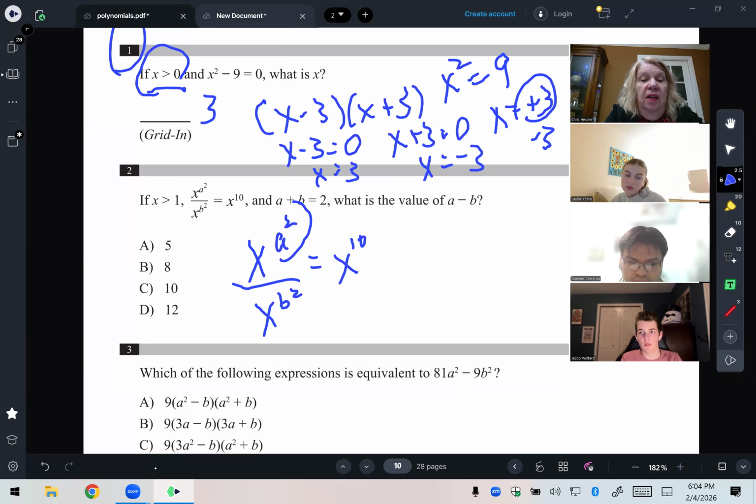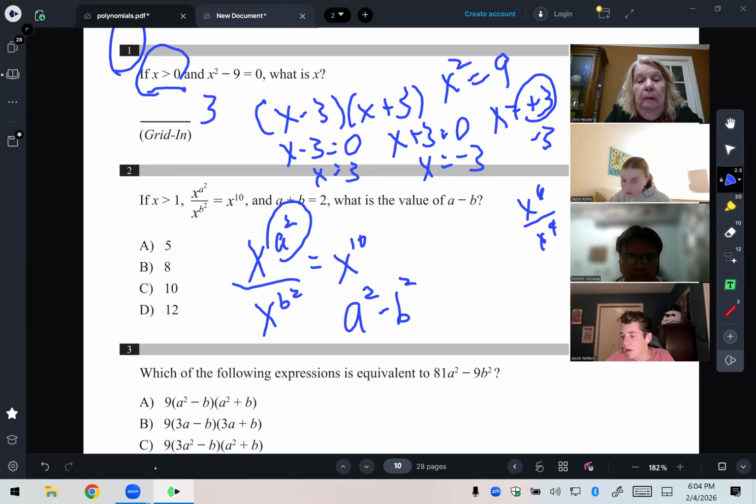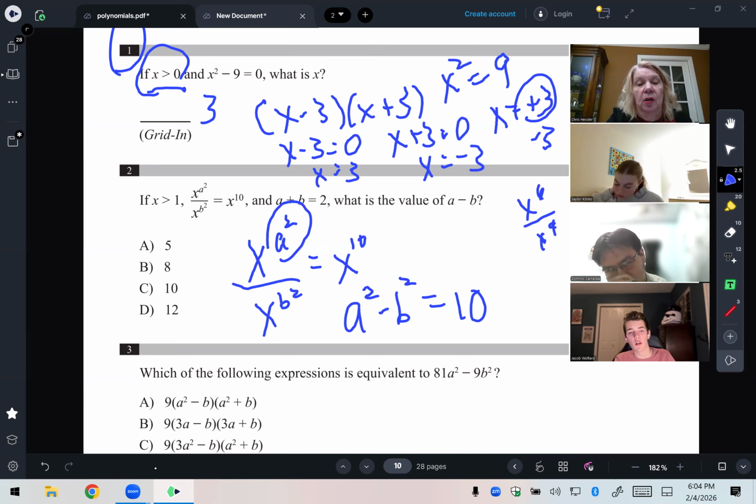Remember, if we have x to the 6th over x to the 4th, we subtract them. So we're just going to have a squared minus b squared is 10. That's the hard step to see. Maybe leave that up for a second because that's the hardest part right there. Do you see that we're subtracting these exponents? We don't even need the x's anymore. We're interested in the exponents.